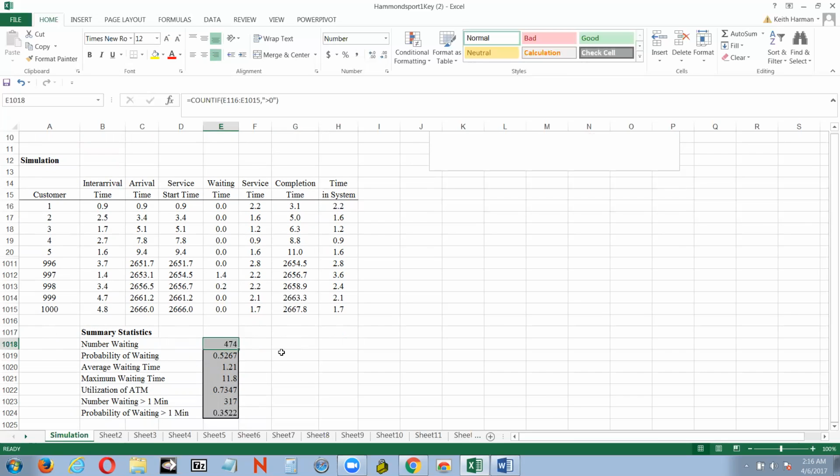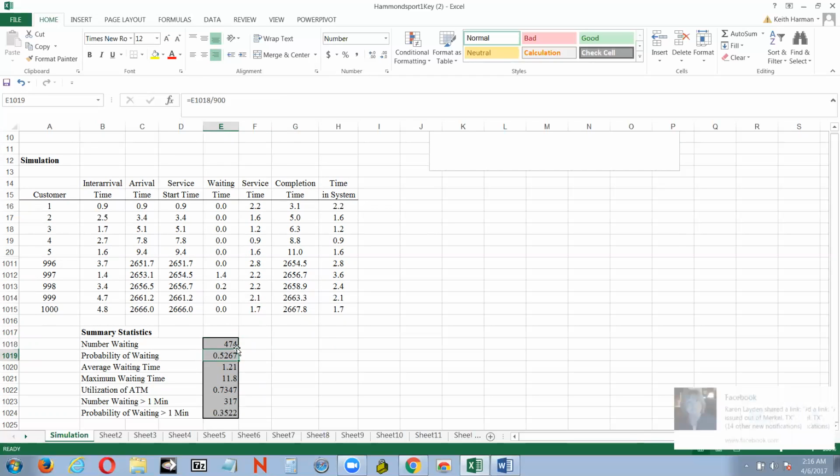One of the things you'll need to understand is that this row is frozen so we can scroll through. There are 1,000 arrivals here. So we have 474 people waiting in the line.